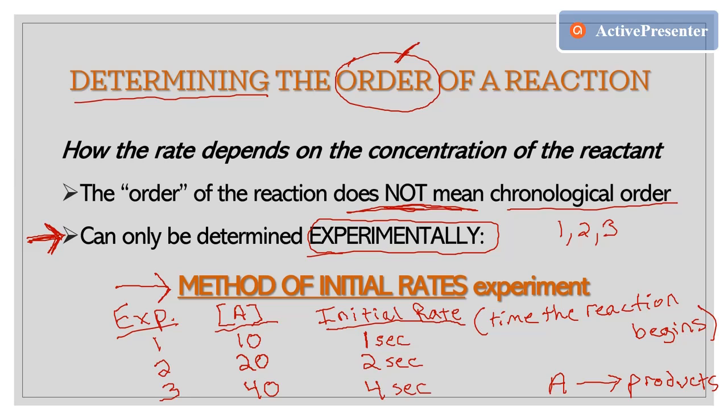And again, I'm just making up these numbers just so you can get an idea of the fact that these are 3 different experiments with 3 different amounts of concentration. And then we time it to see how long it takes for the reaction to start.